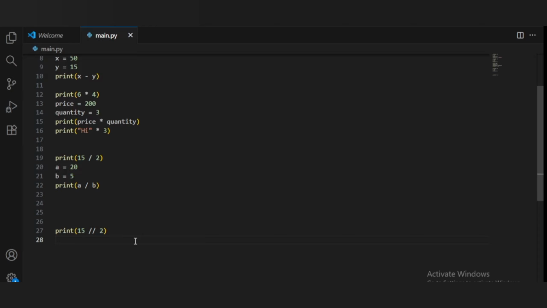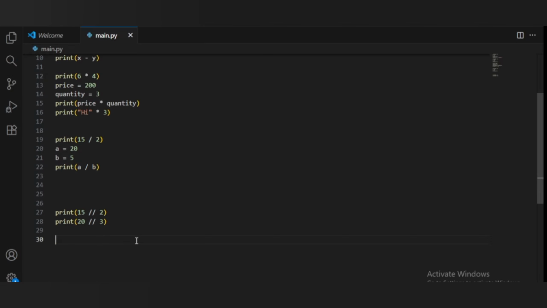For example, if I print 20 // 3, this is the example.